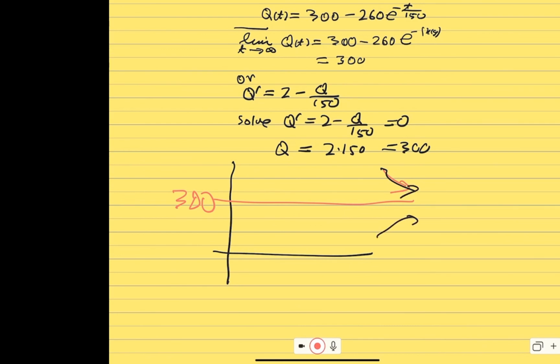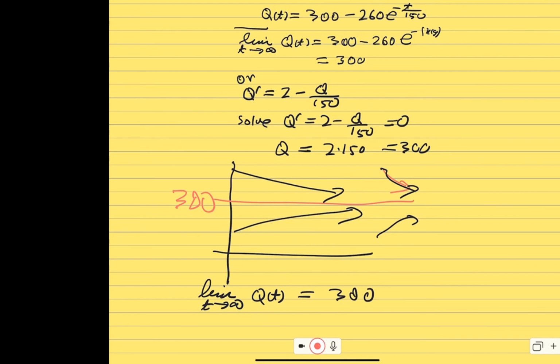Below 300, they're increasing, so solutions look like this. So from this we can see, since 300 is a horizontal asymptote, this would give us, at least to me, a somewhat more convincing argument that Q of t as t goes to infinity equals 300. And we're done.